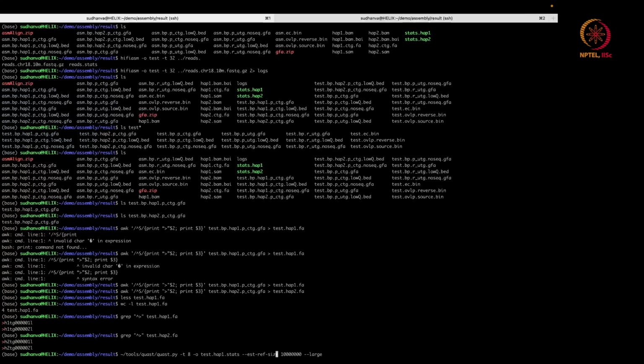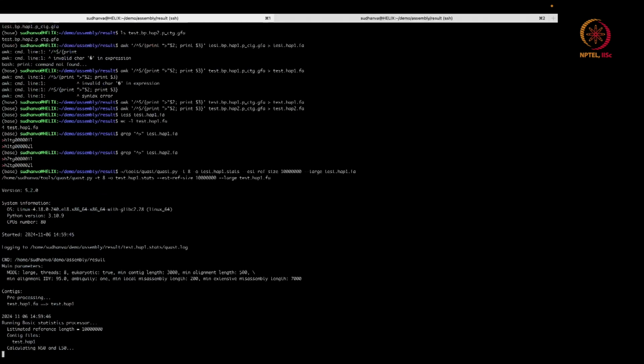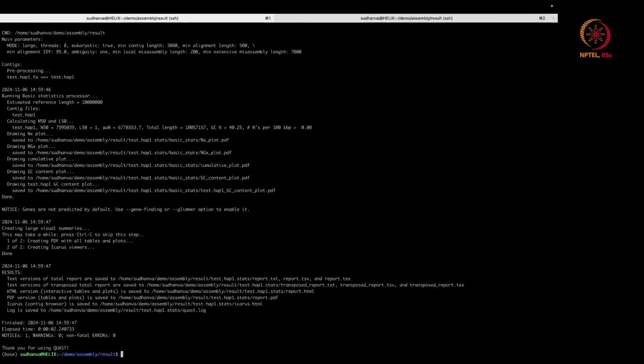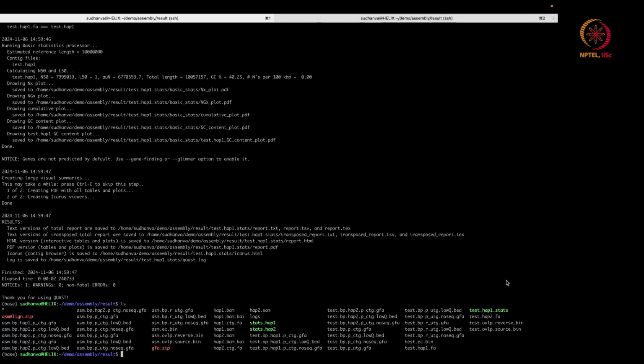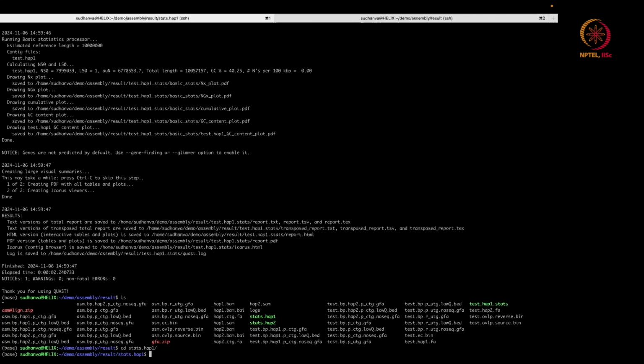The estimated reference size is intended as an input for estimating the NG50 value, and in our case we know that it is 10 million and we will provide the same, and we will provide the option --large to tell QUAST that we are looking at a large genome, and after this we simply have to pass the FASTA files containing the contigs, and you can see that QUAST has generated test.hap1.stats.